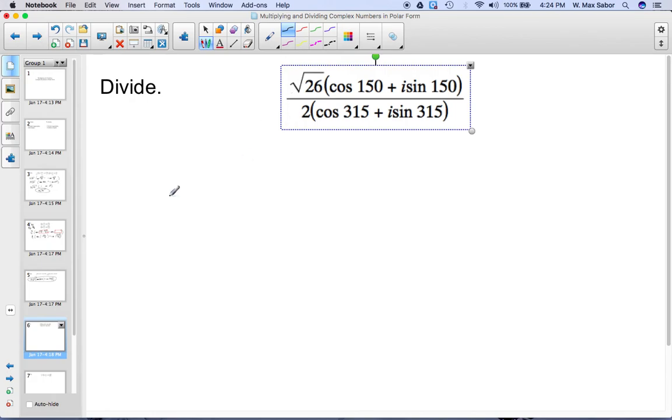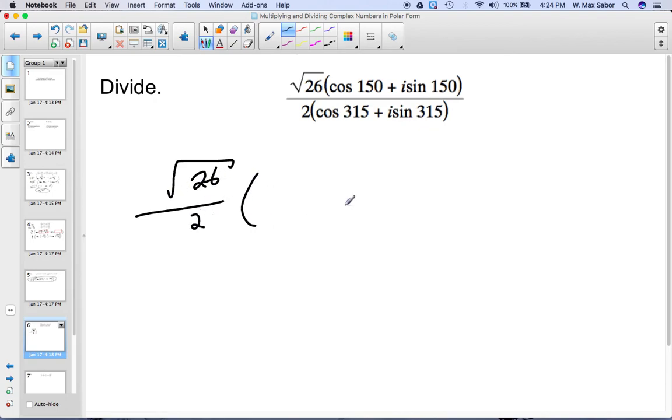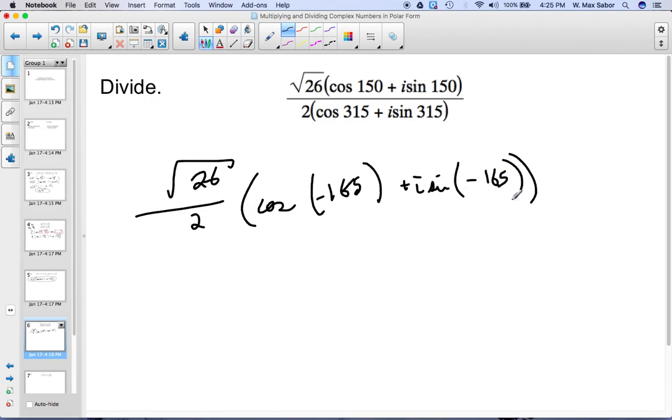We're going to divide the coefficients and subtract. Now, it's always going to be the numerator minus the denominator. So 150 minus 315 is negative 165 degrees. And this will be fine.